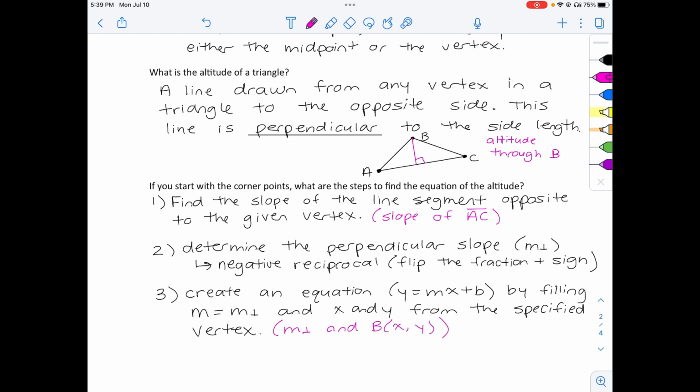Okay, and then you would substitute those into your y equals mx plus b equation, calculate, simplify, isolate for b, and then state your final equation in slope-intercept form. Okay, so that is how you find the equation for both the median of a triangle and the altitude of a triangle.